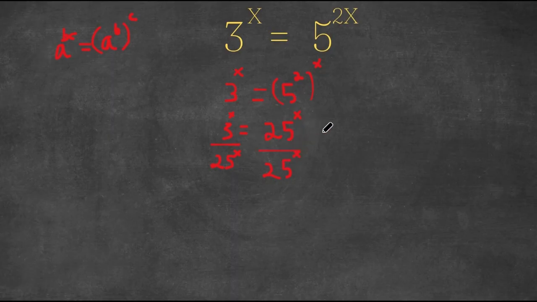And remember, anything divided by itself equals 1. So these two cancel out, and this just equals 3 to the power of x over 25 to the power of x equals 1.